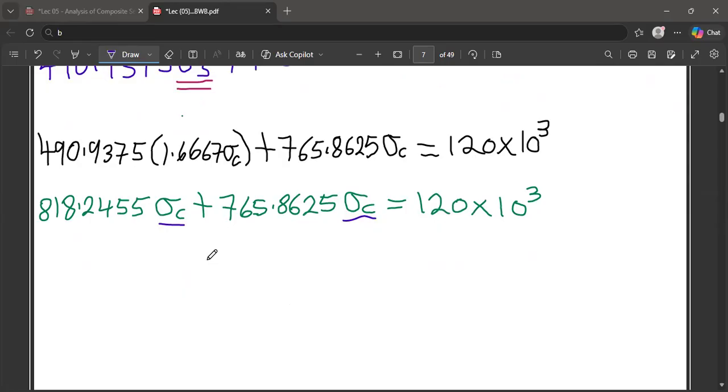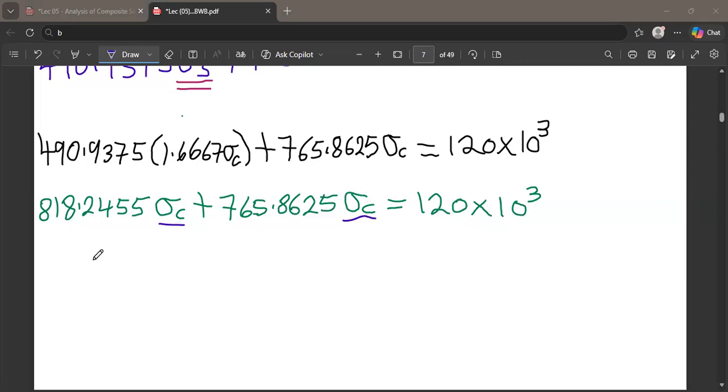So let's add 818.2455, plus 765.8625. And at the end of the day, what are you going to get? You can quickly punch your answer in the comment section, as simple as ABC.